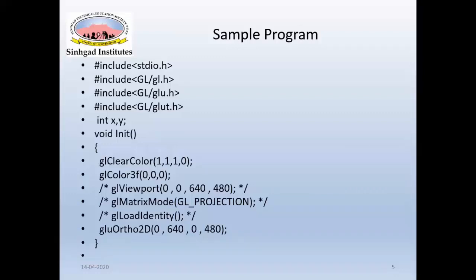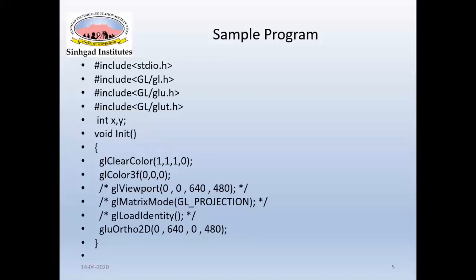Then the init method, which initializes the graphics output window. The clear color is going to be set with RGB as 111. The glColor3f is going to set the inside background color, that is 000.